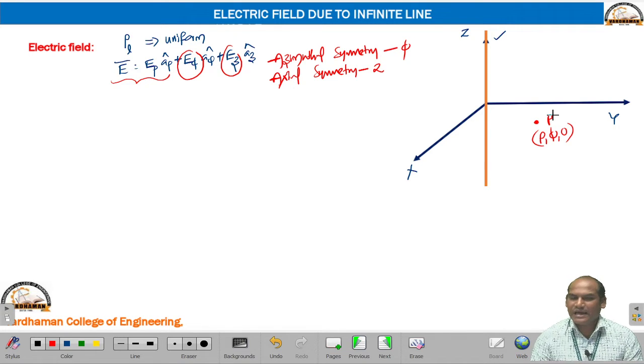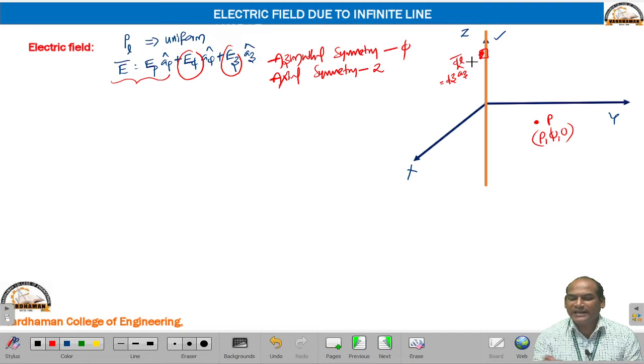And instead of considering the total infinite length line charge, first we will assume a small differential length, dl bar. Length is a vector, and the infinite line is oriented on the z axis, that is why dl bar is equal to dz az cap, the direction is along the z direction only.